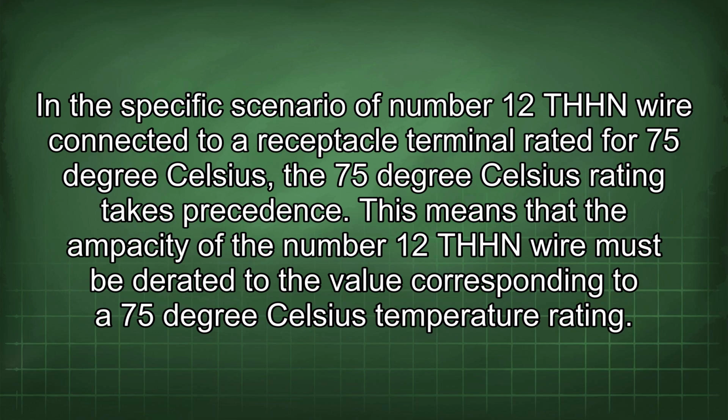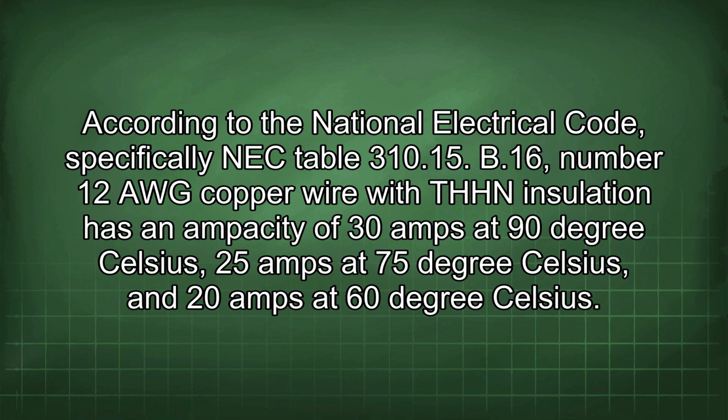This means that the ampacity of the number 12 THHN wire must be derated to the value corresponding to a 75°C temperature rating. According to the National Electrical Code, specifically in NEC Table 310.15(B)(16), number 12 AWG copper wire with THHN insulation has an ampacity of 30 amps at 90°C, 25 amps at 75°C, and 20 amps at 60°C.